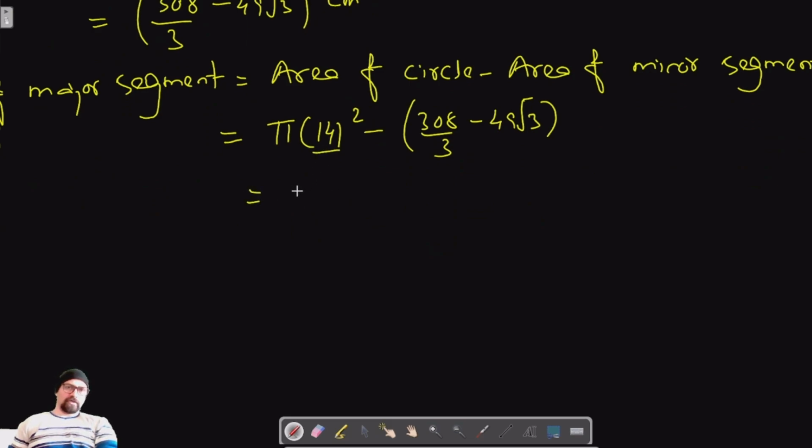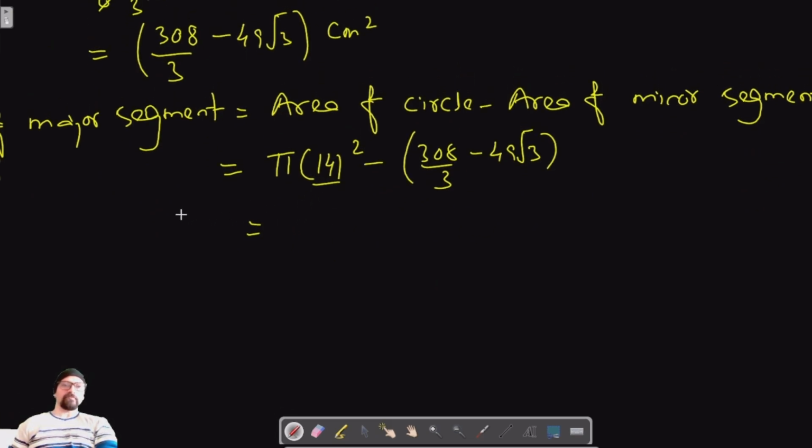And 14 square is 196. Let me just write down the value of pi, which is 22 by 7 into 14 into 14 minus 308 by 3 plus 49 root 3.